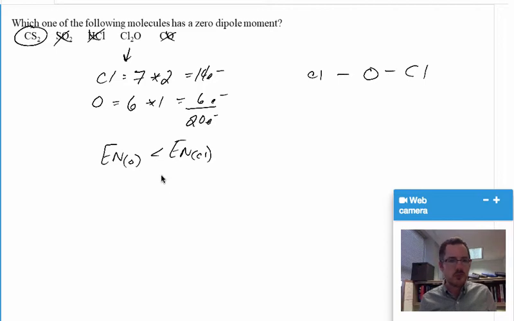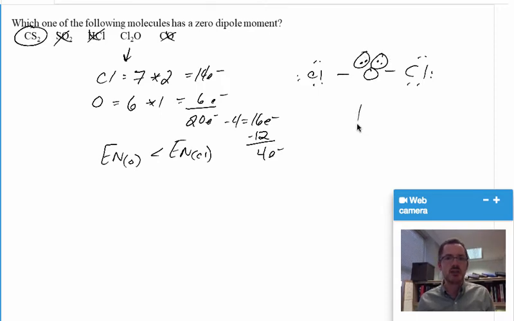I've just used up 4 electrons, so minus 4 is 16 electrons remaining. 12 electrons have been used. 4 electrons remaining. Those 4 are going to go on the oxygen. And there you have it. I have 2 lone pairs of electrons on my oxygen, which means I do, in fact, have a polar molecule.